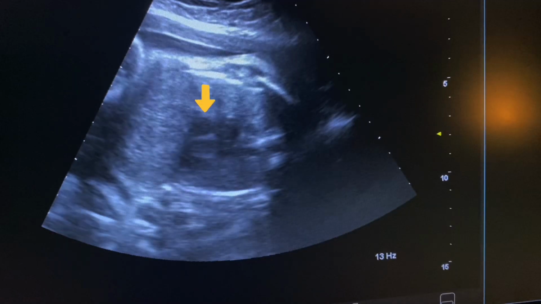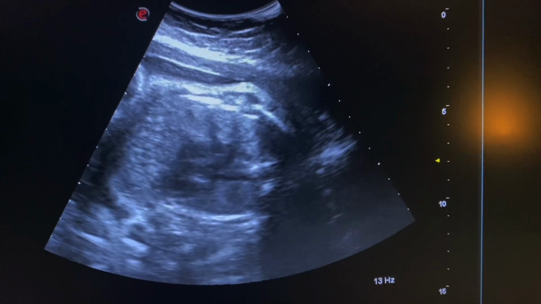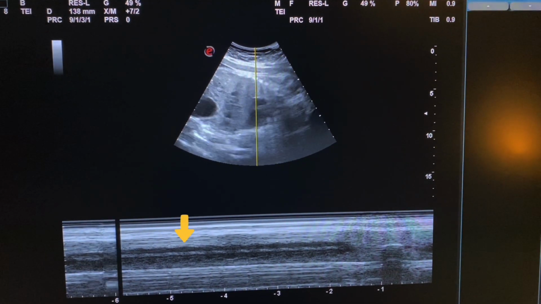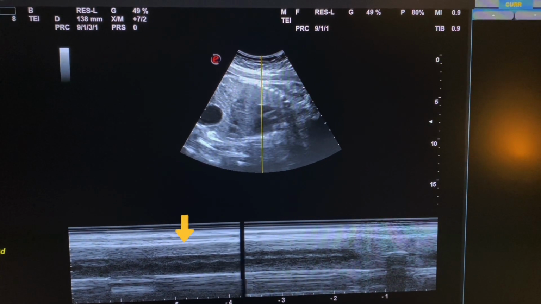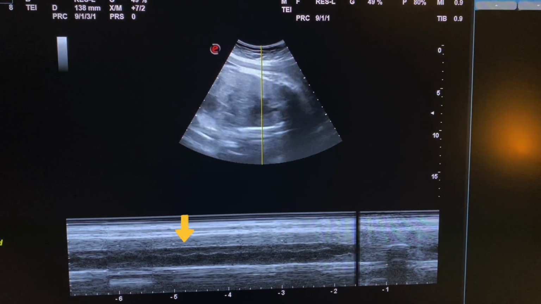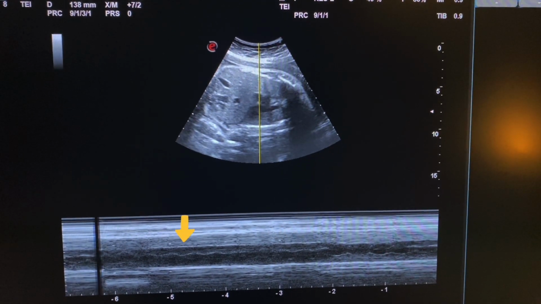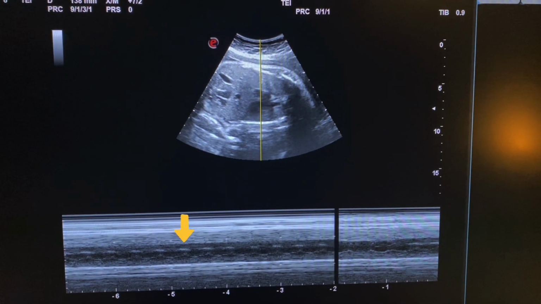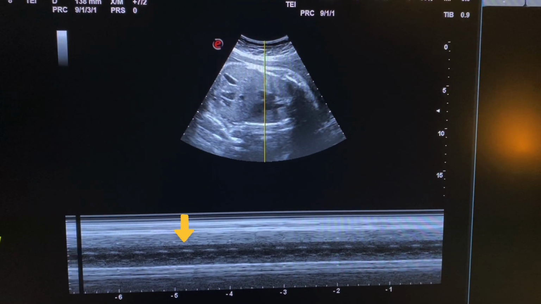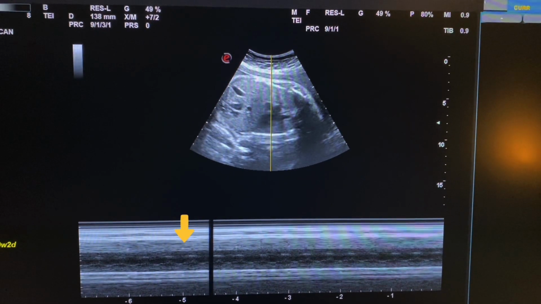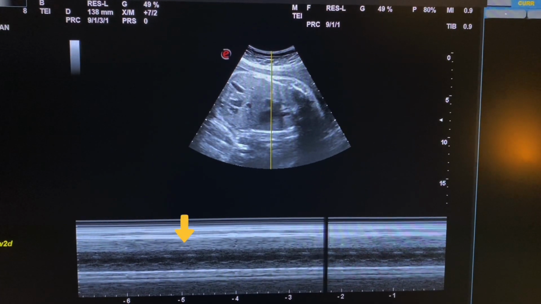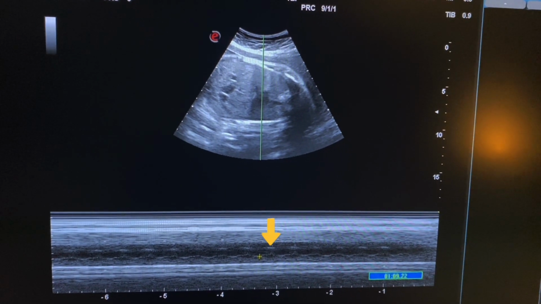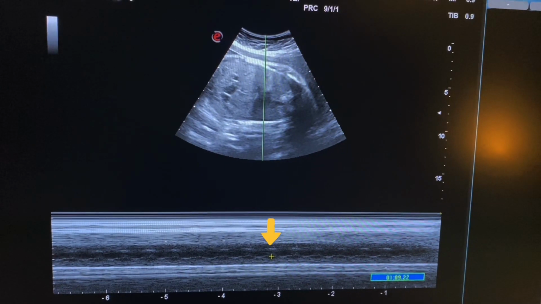Now here we see the cardiac activity, and we will measure the heart rate by M mode. Here we see the zigzag pattern of the heartbeat. Now we will measure the heart rate.